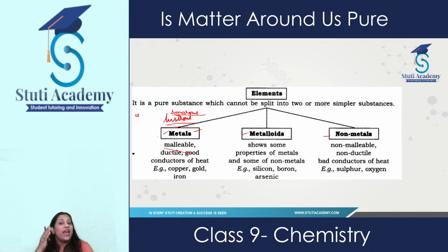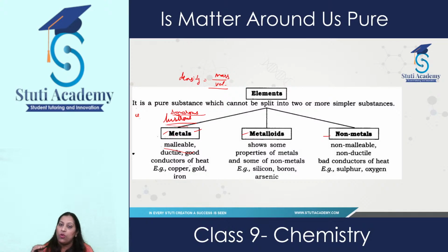Metals have high densities. If you remember, in chapter number 1, I explained this term density to you. Density is mass upon volume. And metals have high densities, except sodium and potassium.